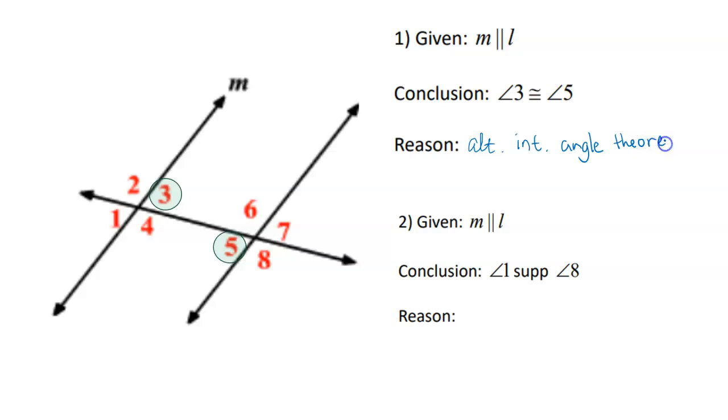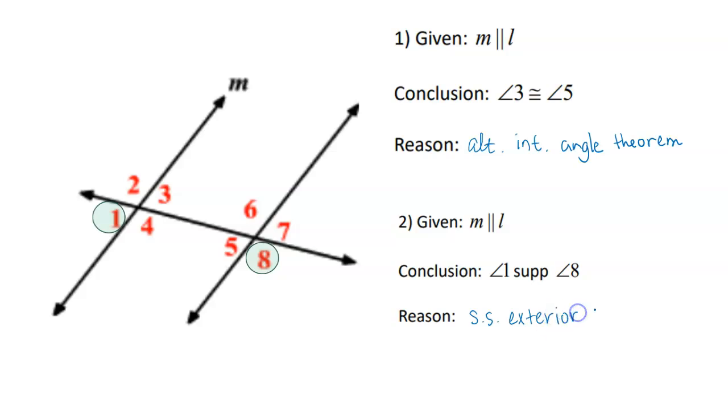That was part of the if of that theorem, and we are concluding that 3 and 5 are congruent for this particular drawing. And then for number 2, I'm looking at angle 1 and angle 8, and these are going to be supplementary angles, and the reason is same side exterior angle theorem.